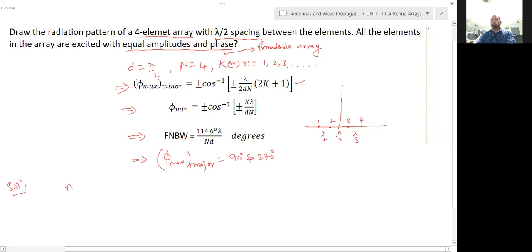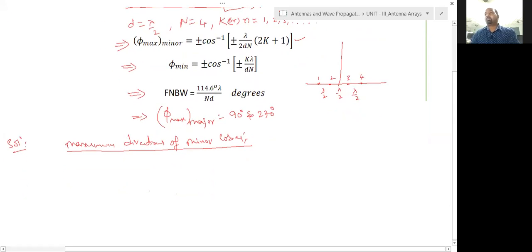So let us try to determine the maximum directions of minor lobes, right? What is the formula here?